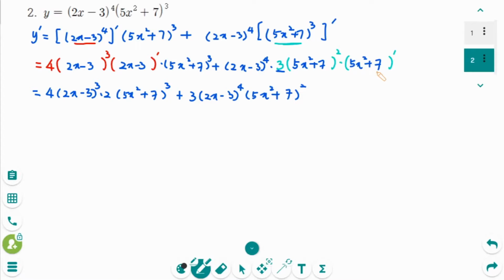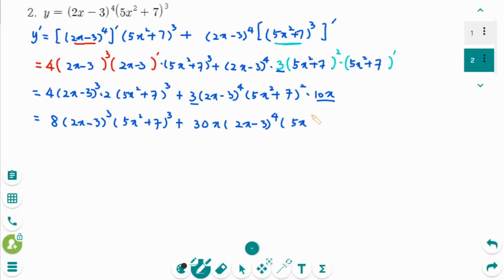The derivative of 5x squared plus 7 equals 10x. Then simplify: 8 times 2x minus 3 cubed, 5x squared plus 7 cubed, plus 30x times 2x minus 3 to the power of 4 times 5x squared plus 7 squared.